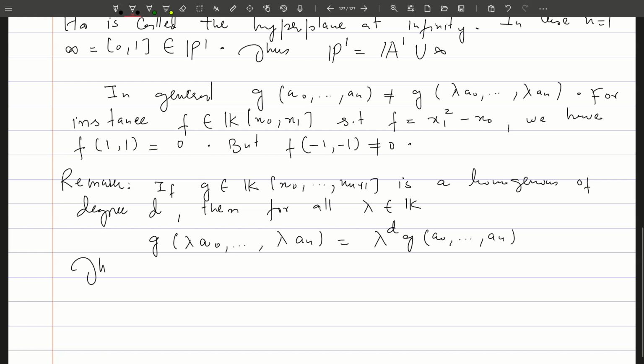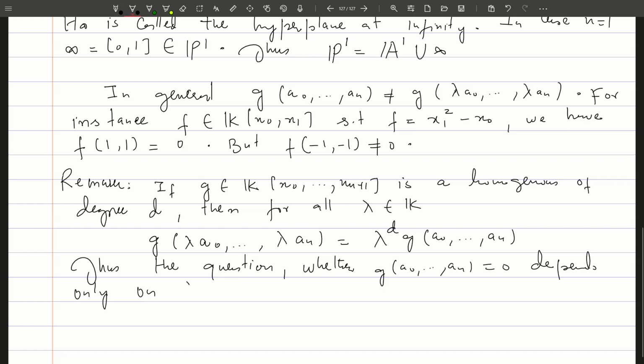So thus the question whether g of a0 through an is equal to 0 depends only on the point.